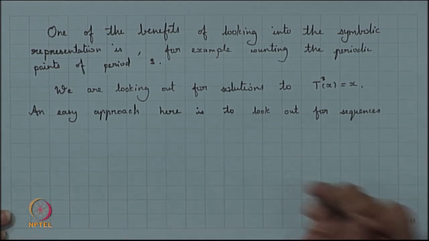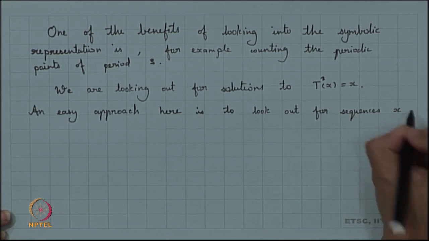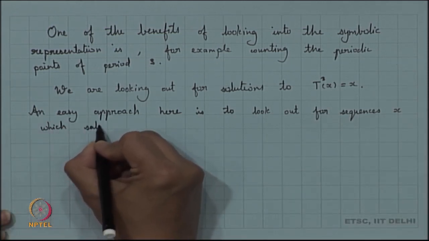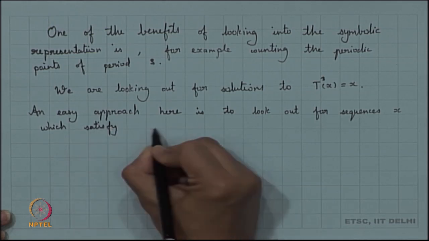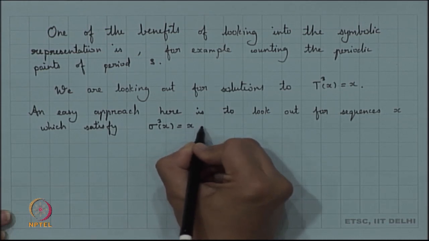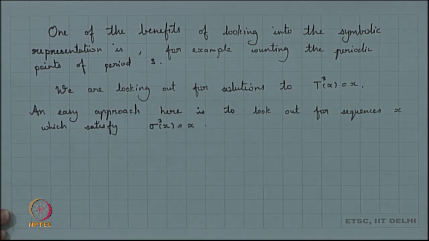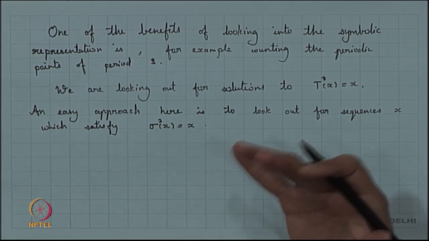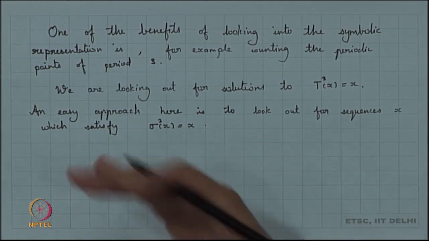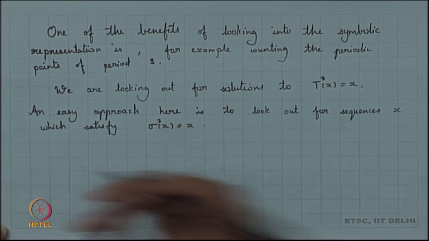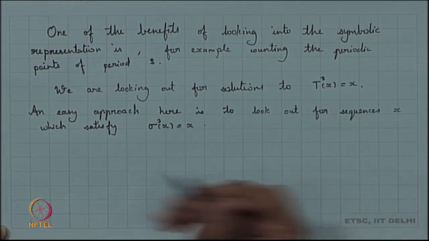We are now looking for sequences x which satisfy sigma cube x equal to x. And we can easily see that since we now have just 2 letters in our alphabet, we will have 8 such points which satisfy this and have the symbolic representation.